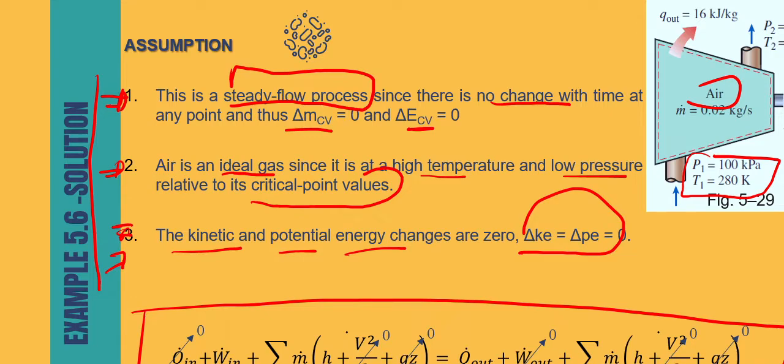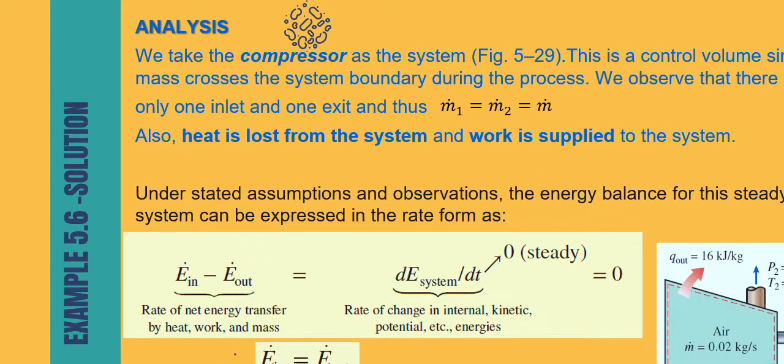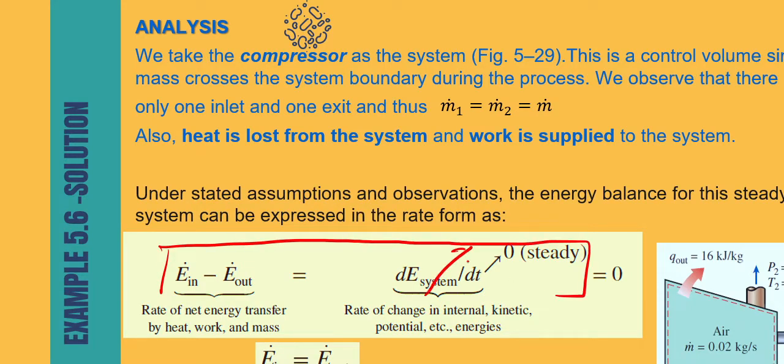Like I mentioned previously, you only need to memorize the general energy balance, and then you just remove all the insignificant terms. Now we're going to solve. For steady flow, the change over time of energy equals 0, and mass in equals mass out, which is equal to m.